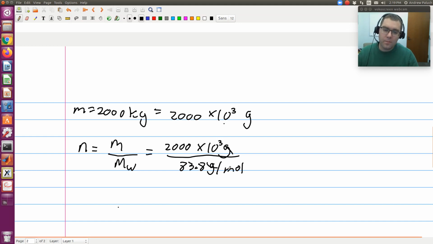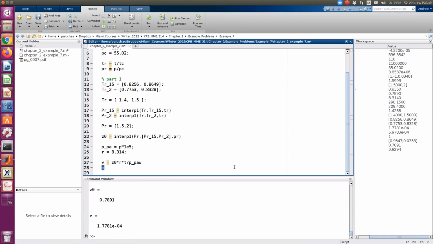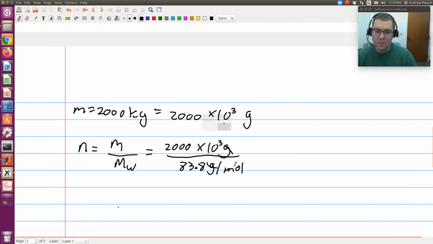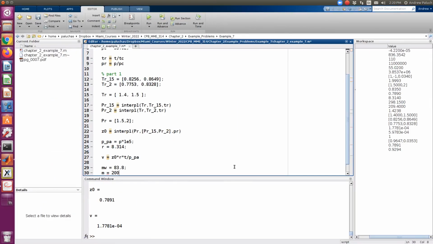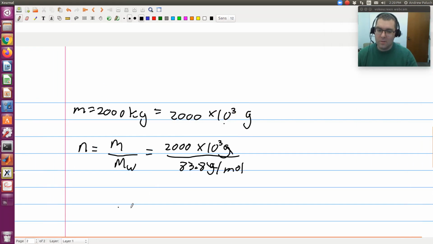So to determine the number of moles, the molecular weight was 83.8 and the mass is 2,000e3. The number of moles is mass divided by molar weight. The number of moles is huge, 2.3866.